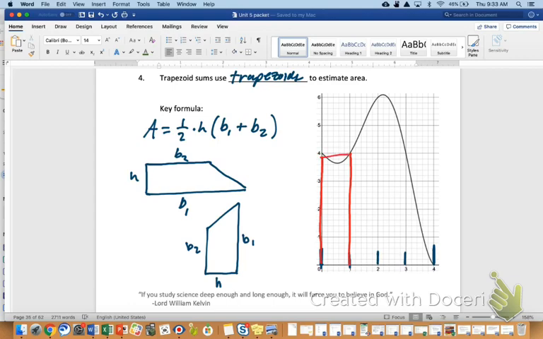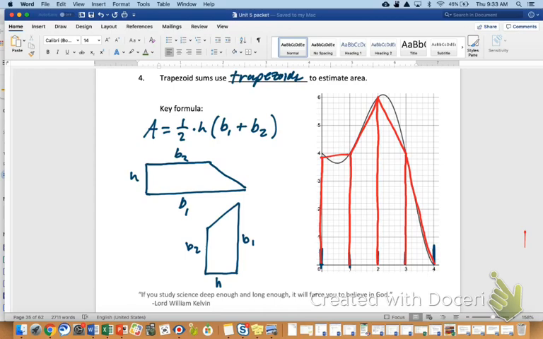That one almost looks like a rectangle, doesn't it? The next one won't. The next trapezoid would go all the way up to here, and then we'd connect those 2 points. The next trapezoid would come up to here, and we'd connect those 2 endpoints. And then the last one, honestly, would end up looking like a triangle, wouldn't it? It would come all the way down to here, where one of the bases would actually be 0.